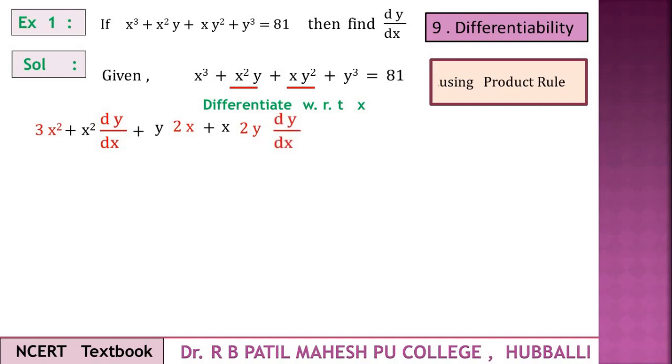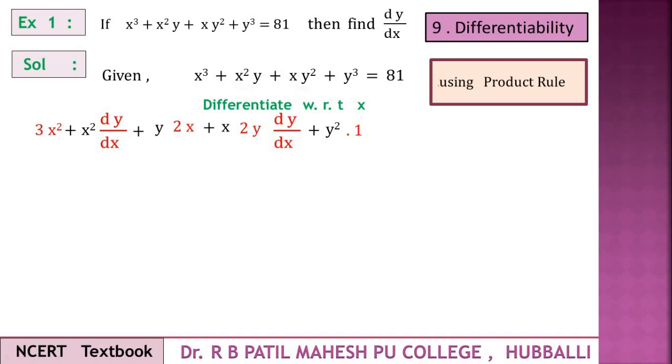Plus now y square term as it is, and the x variable derivative is 1. So this is the entire third term derivative using the product rule.